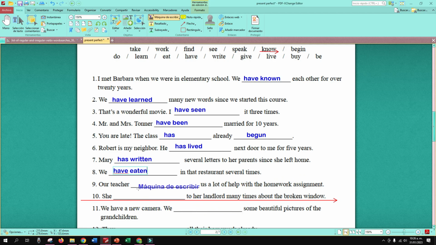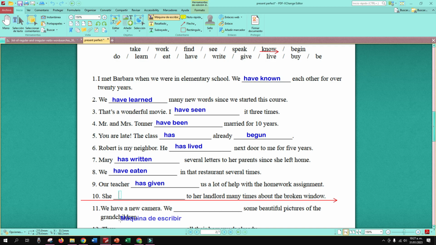Excellent. And our teacher has a lot of help with the homework assignment. Our teacher, which could be, do you have it? No? Has given, excellent. Our teacher has given us a lot of help with the homework assignment. Excellent. And the last one, she to her landlord many times about the broken window.